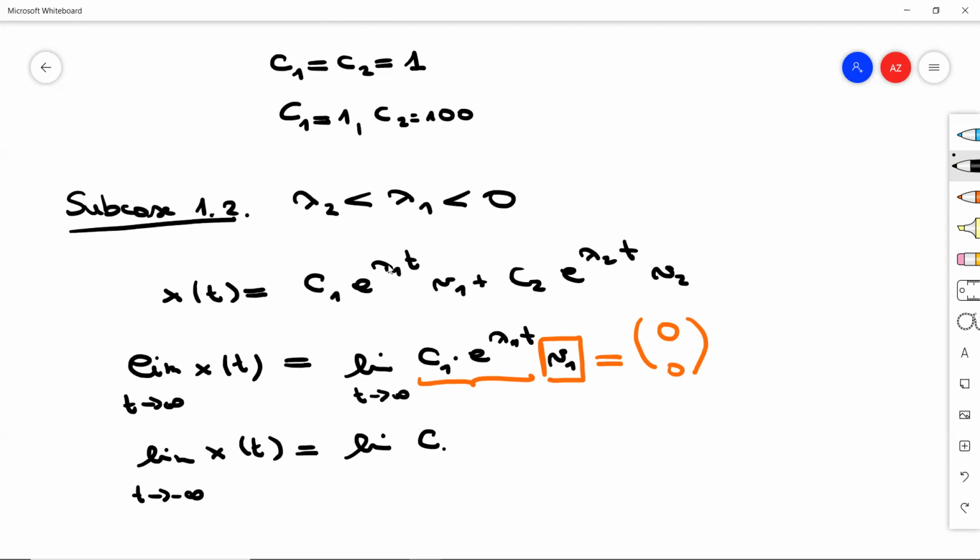So c2 times e to the power of lambda 2t v2 is then the dominant direction, and this coefficient really goes to infinity. So above it went to 0, but here it goes to infinity, so the direction will be v2, going out of the origin.